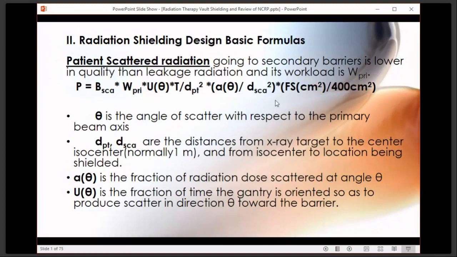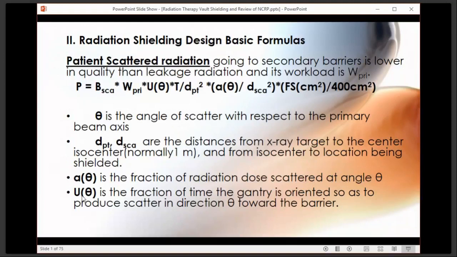Only for very small or very large fields would you need to deviate from that being just 1. All right, so again, theta is the scatter angle, and the distance d_sca is from the patient isocenter to the location being protected.